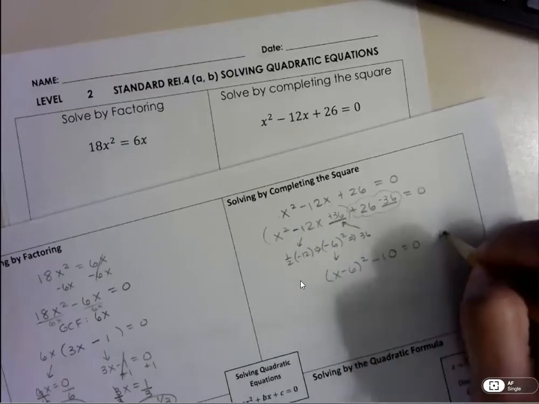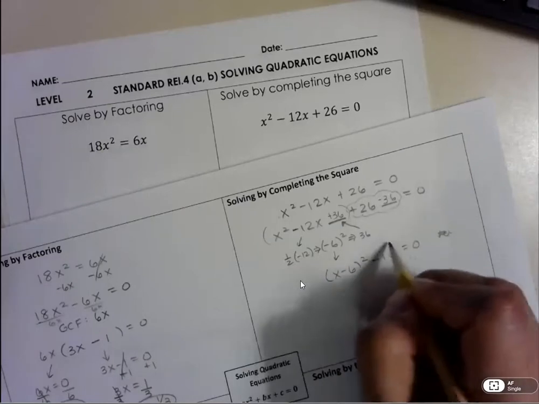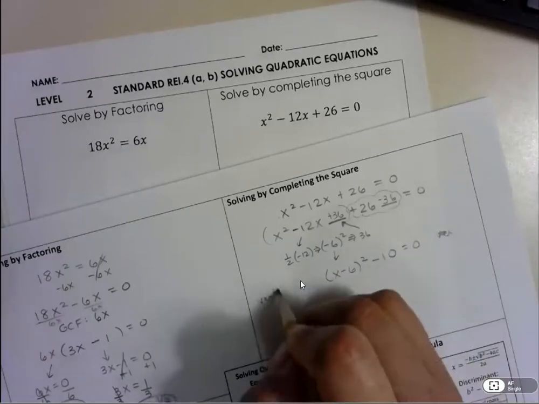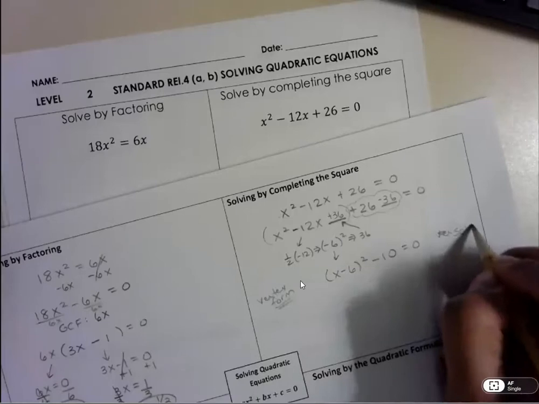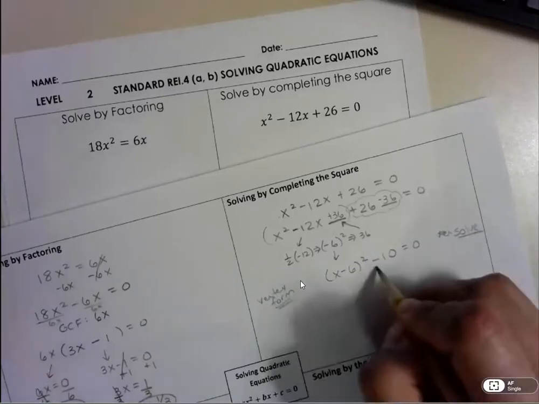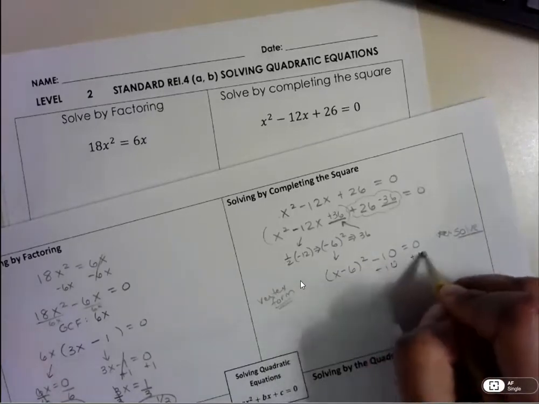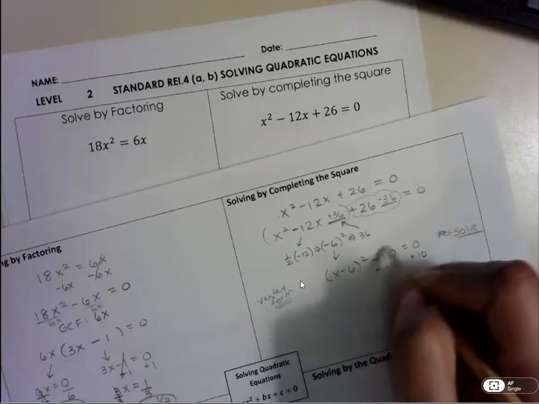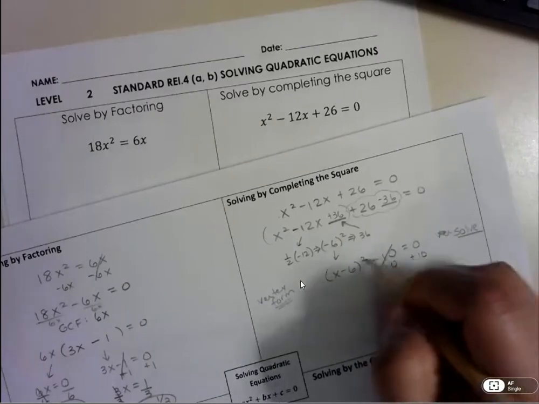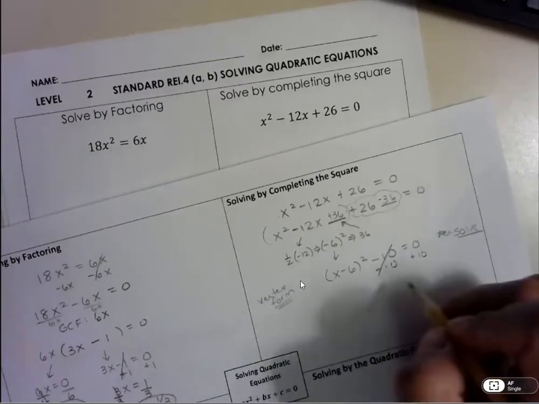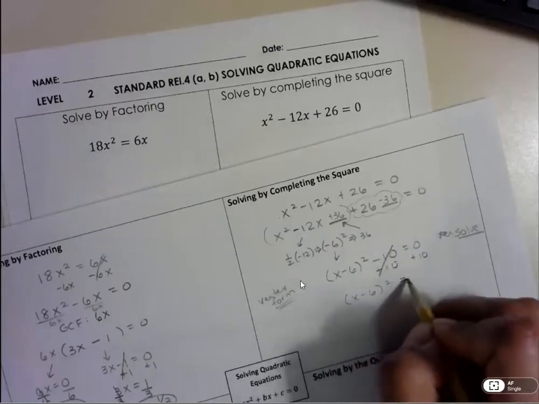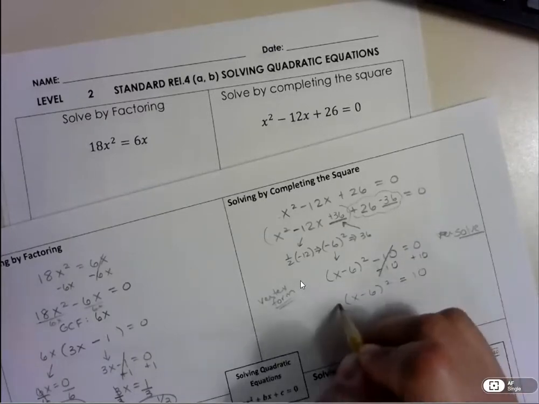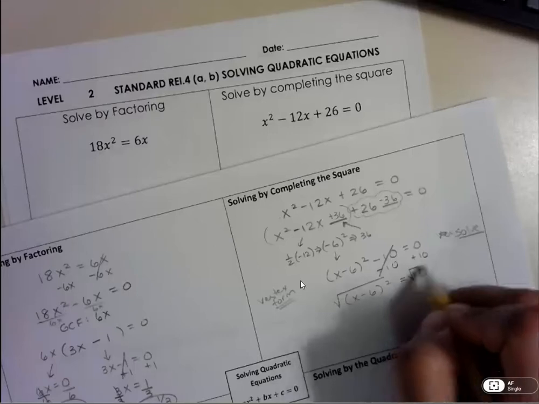Alright, this side here is the vertex form. So now, solve. You add 10. You always get rid of this value that you're adding or subtracting here. Send that over to the other side first. Bring this down. There's nothing to divide out here, so we're going to go ahead and take care of the square.